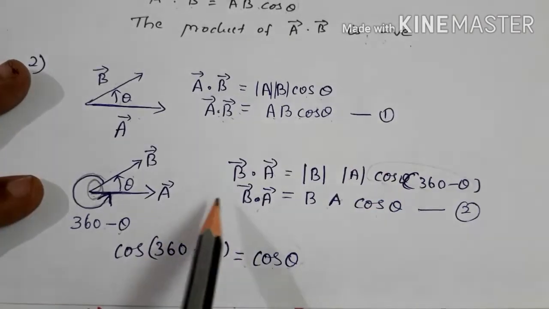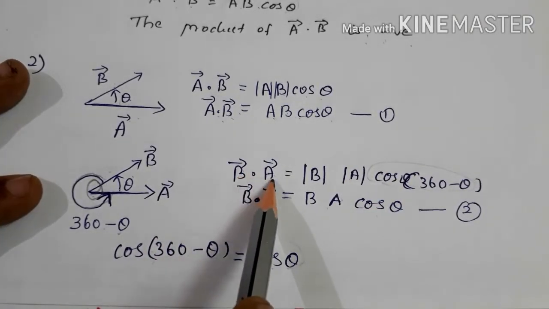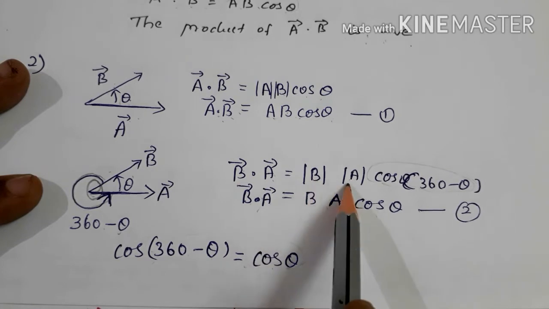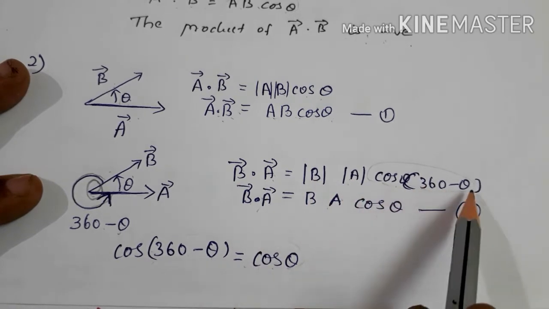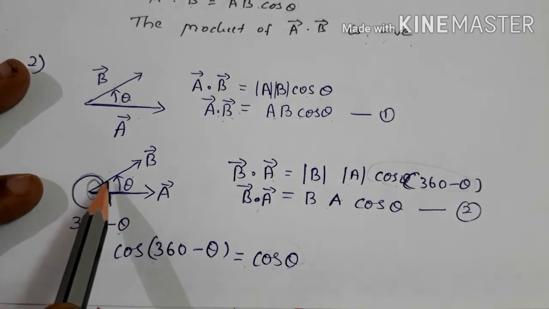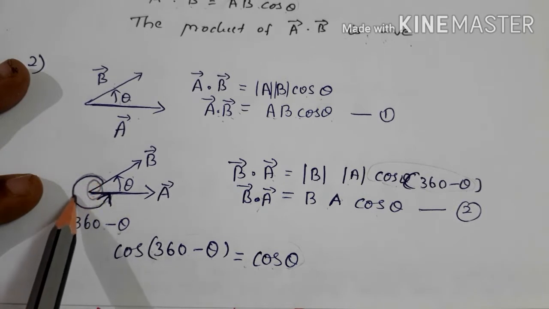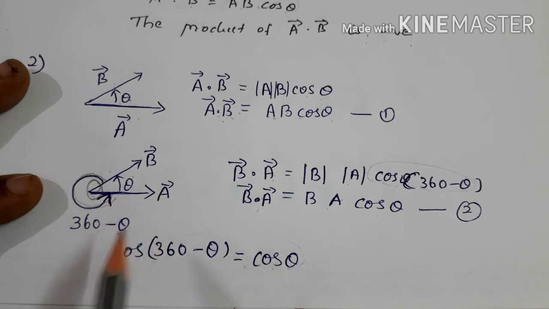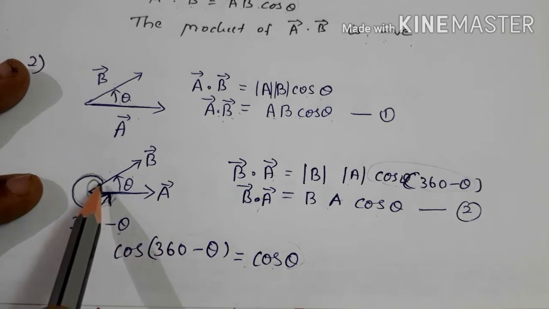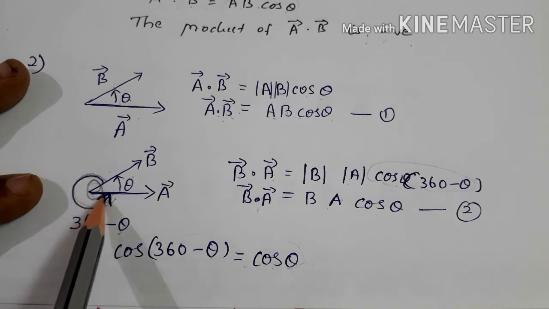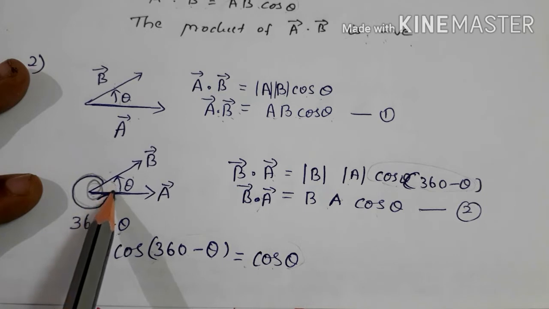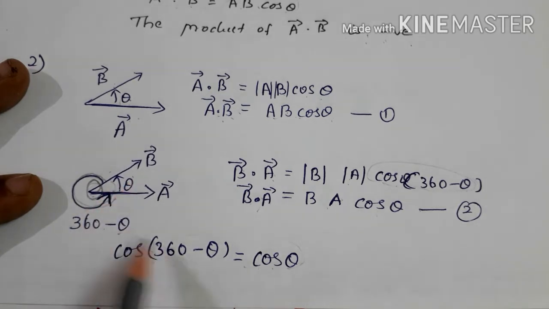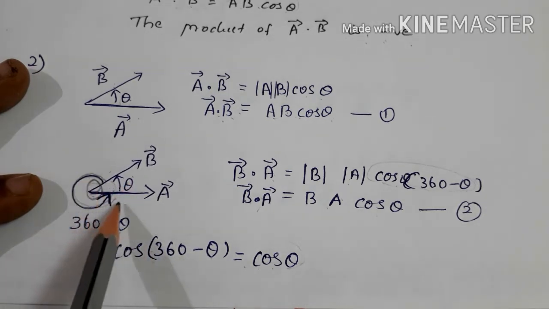Now in the same way, if you find B vector dot A vector, it is mod B mod A cos of 360 minus theta. Theta is the angle between B vector and A vector. You can see it is 360 minus theta, right? The full angle is 360 degree. From the 360, if you subtract this angle theta, you will get this angle between B vector and A vector.